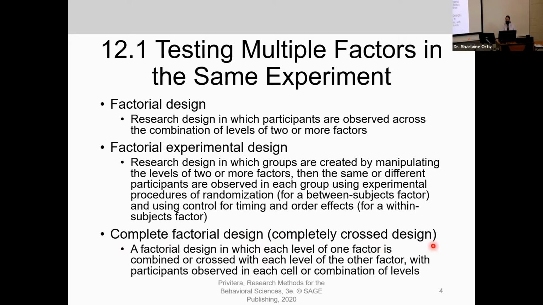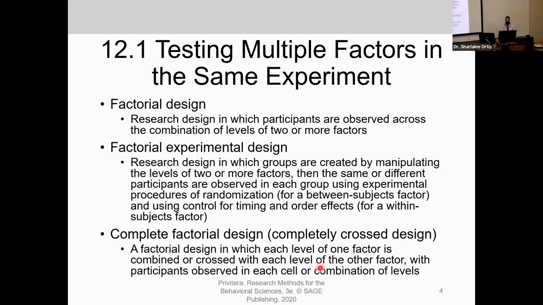We can also refer to this specific design as the completely closed design. And what does that mean specifically? Notice that the participants that are observed at each level of both factors are going to be observed in both factors.